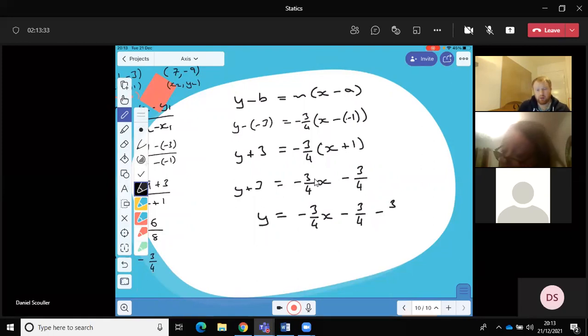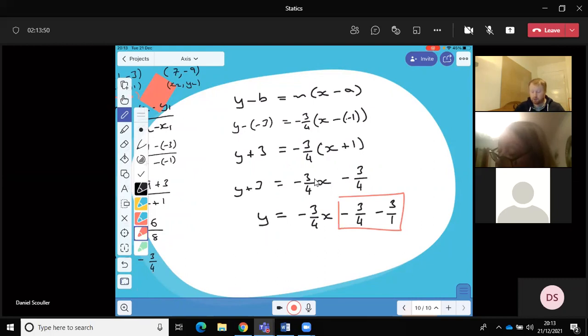So we're bringing 3 over. It's -3. Remember, you can write a whole number as just that number divided by 1. Okay, and that means collecting that like term just becomes a fraction minus a fraction.